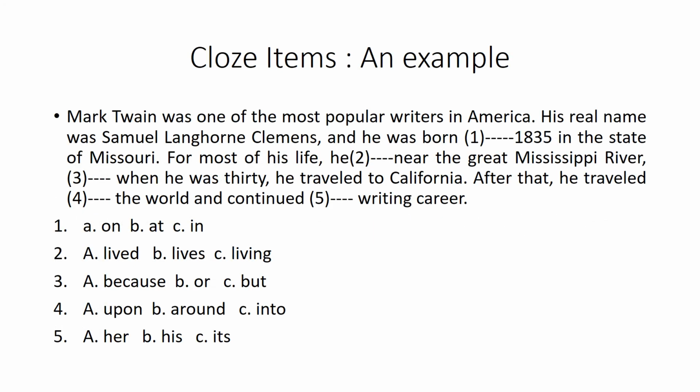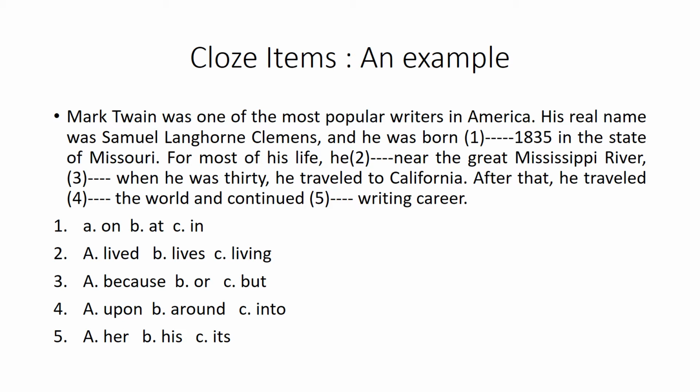This is another example of a cloze test item, in which the teacher has designed it to test certain functions in language. In blank number one, we have options, and all of them are prepositions.